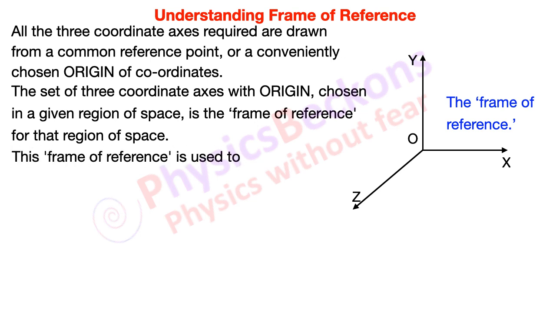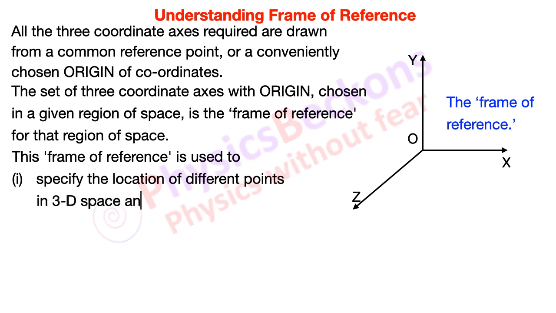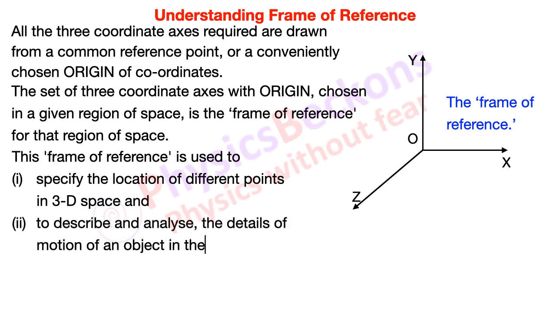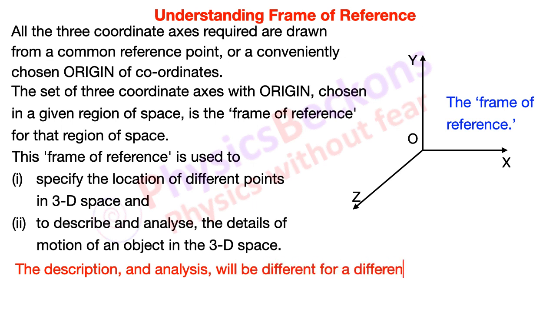This frame of reference is used to specify the location of different points in 3D space and to describe and analyze the details of motion of an object in 3D space. The description and analysis, however, will be different for a differently chosen frame of reference.